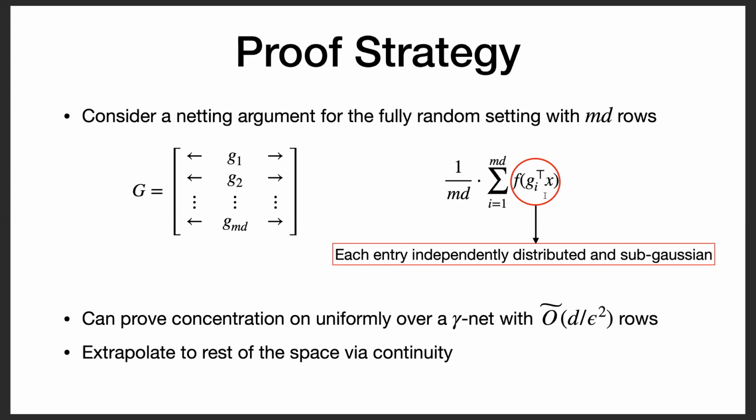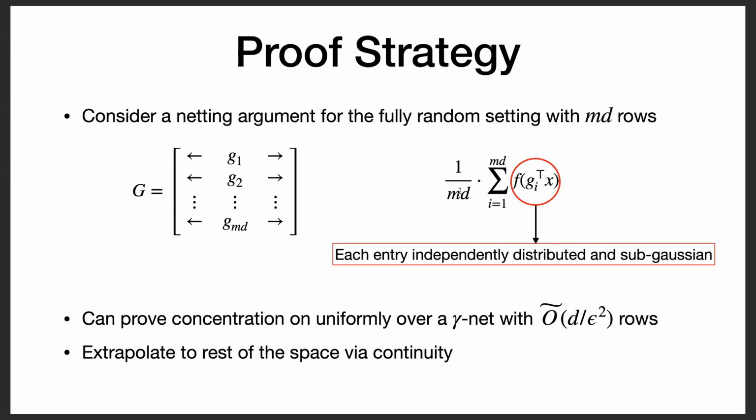Explicitly writing this out as 1 over MD times the sum over the outputs of f of the inner product of G_i with x, we see that since each of these vectors G_i is independent, each term in this sum is going to be independent and sub-Gaussian because f is a 1-Lipschitz function.